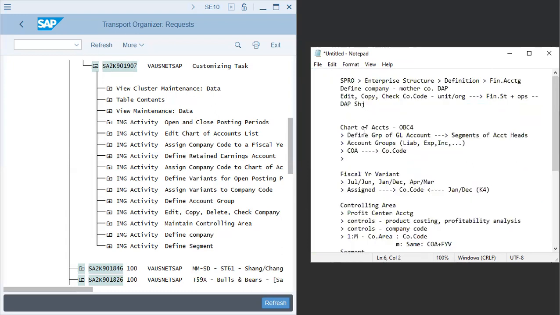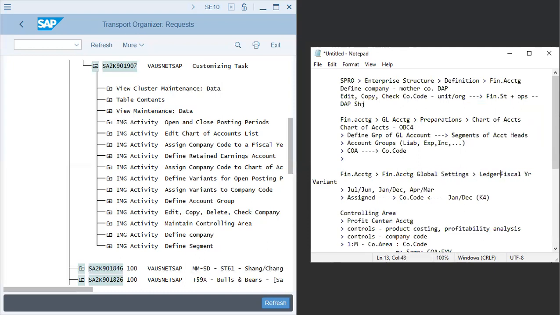Okay, chart of accounts basically is in financial accounting, GL accounting, preparations, and chart of accounts. Okay. Fiscal Year Variant is in accounting, financial accounting, global settings, ledgers, then fiscal year.